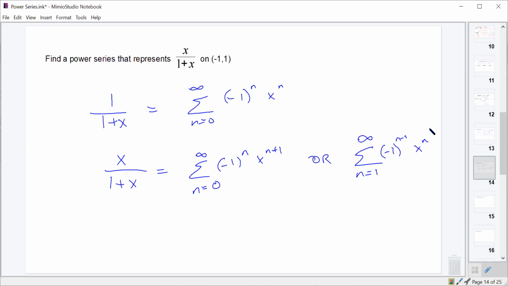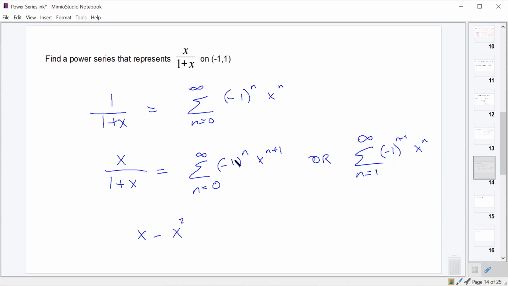And what would that series look like? What's the 0th term here, or the first term here? Should be x, good, yeah. So we got x, and then the next one, if I plug in n equals 1, it should become minus x squared.